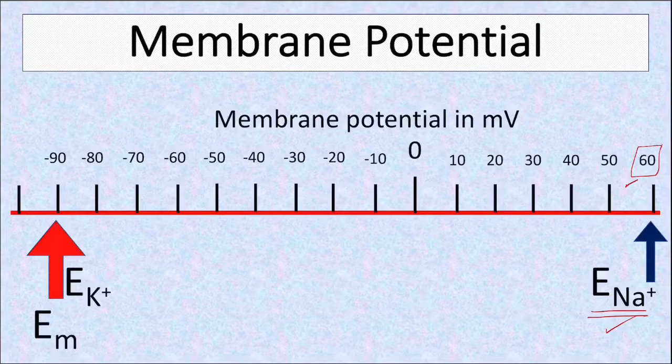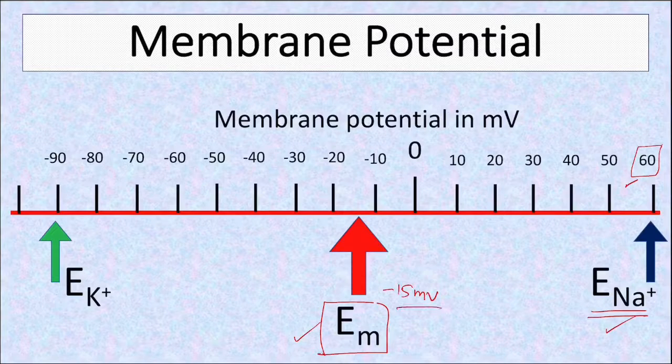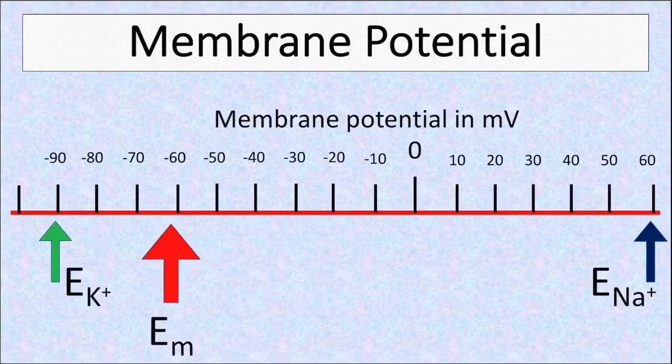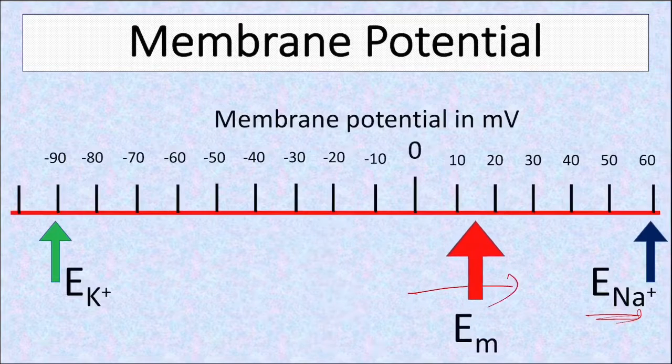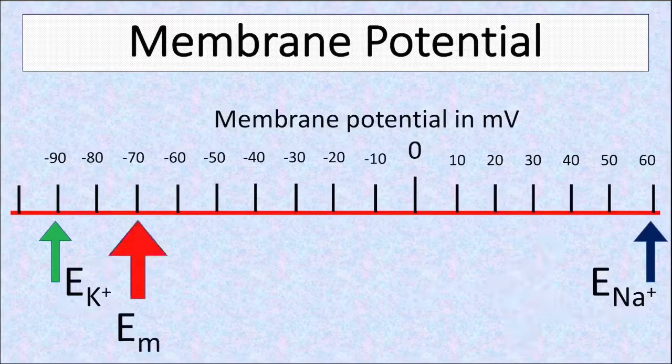If the membrane is equally permeable to both ions, then the membrane potential will come somewhere in between the two. The average of these two is minus 15 millivolts. If potassium has higher permeability, the membrane potential will move towards potassium, and if sodium has higher permeability, the membrane potential will move towards sodium. In a typical neuron, the permeability of potassium is higher, so the membrane potential is close to the potassium equilibrium potential.